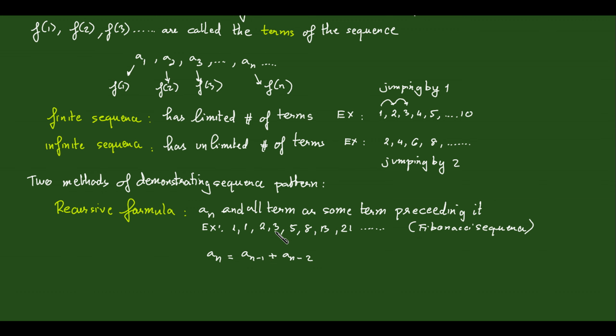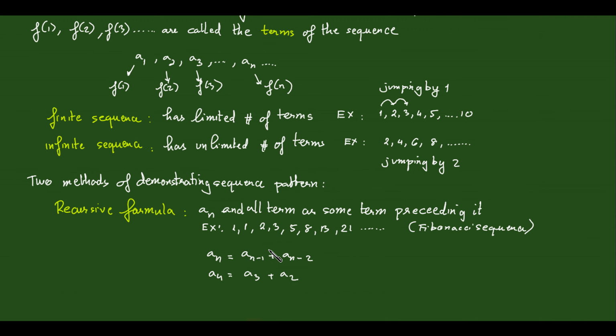So for example, a4 is equal to a3 plus a2, right? This makes sense because a4 is 3, and a3, the third term, is 2, plus a2, the second term, is 1. So 2 plus 1 equals 3, right?